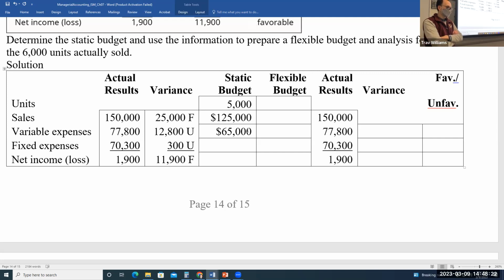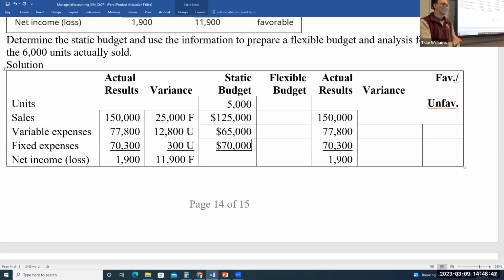Okay, and so our fixed expenses were $300 unfavorable. So what was the budget? 70,000, very good. All right, and our net income was 11,900 favorable. So what was our budgeted income?